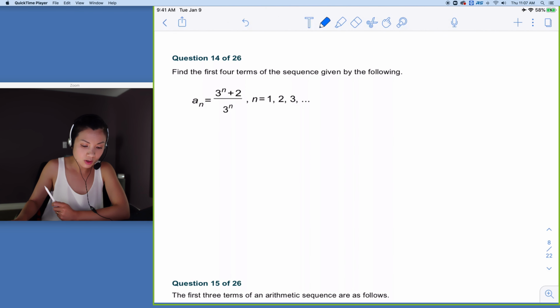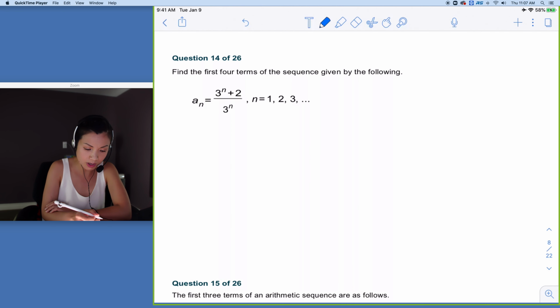All right, so this one right here, we're going to do the exact same thing, but this time you see that we have fractions, so make sure you be careful with that.